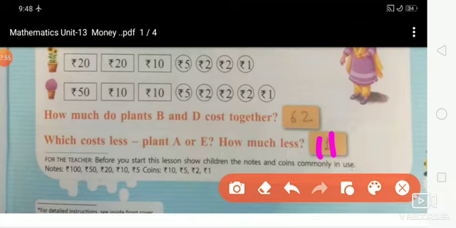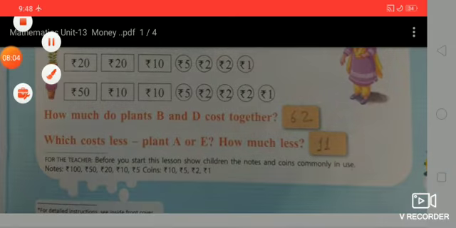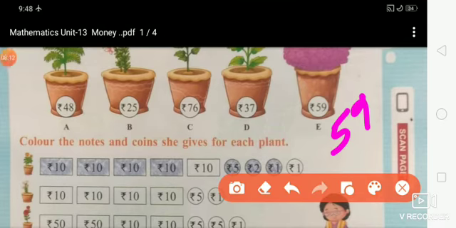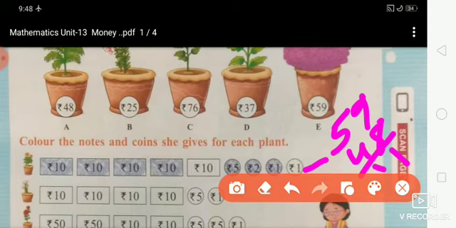Is that clear? 59 and 48, so the difference is 11. Okay.